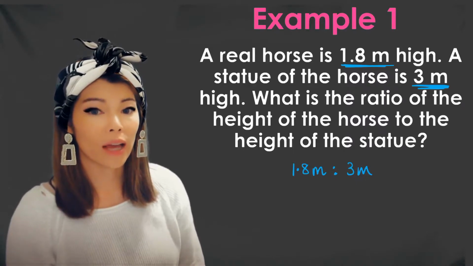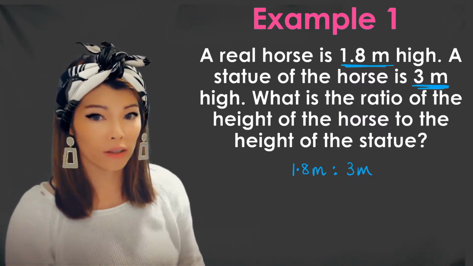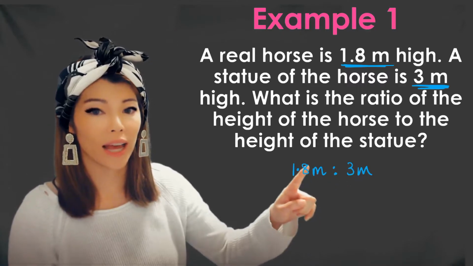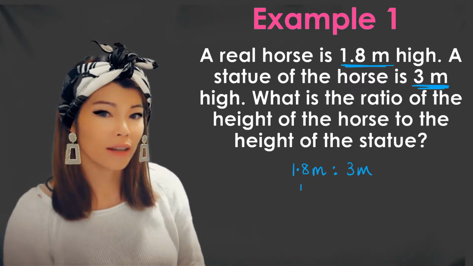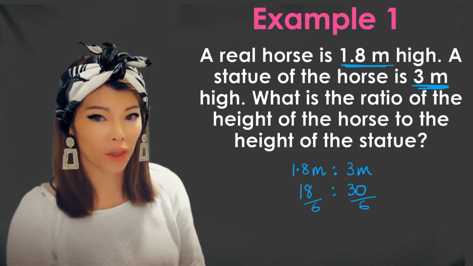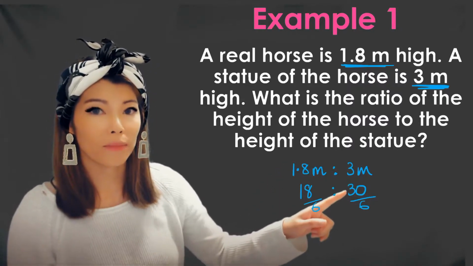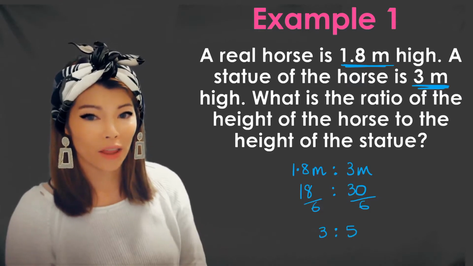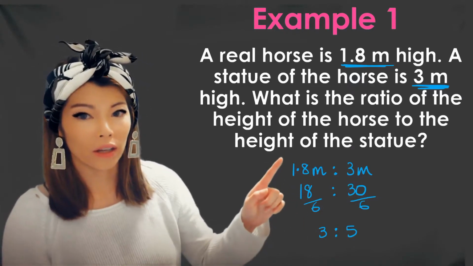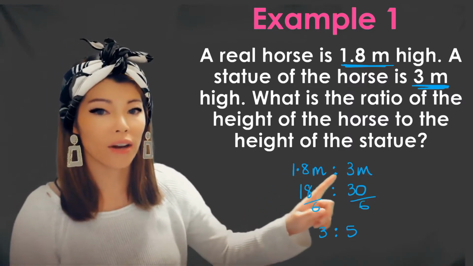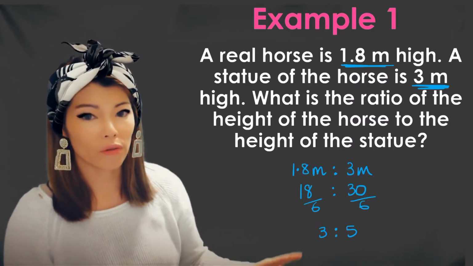Now we have to get rid of the decimal point first, so we multiply both sides by 10 to get 18 and 30. And what goes into 18 and 30? 6 goes into 18 and 30, so we can divide both sides by 6 to get 3 to 5. So the ratio of the height of the horse to the height of the statue is 3 to 5.